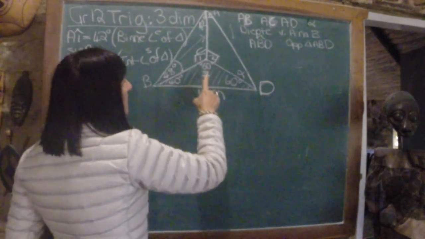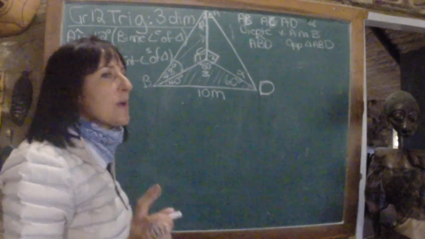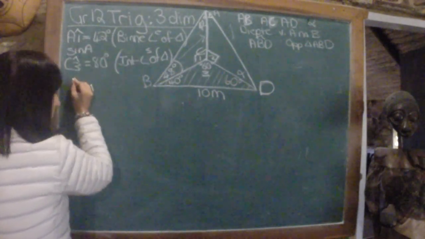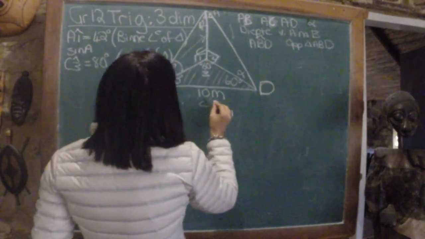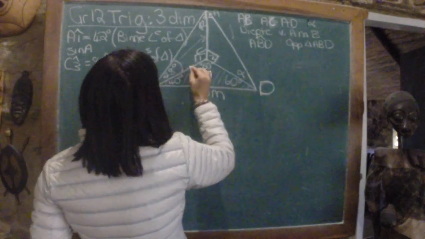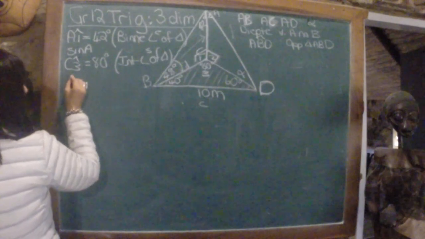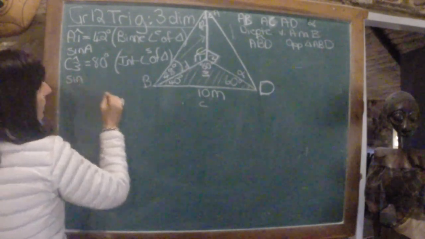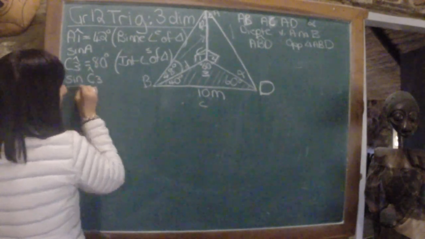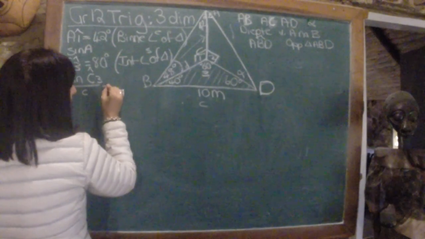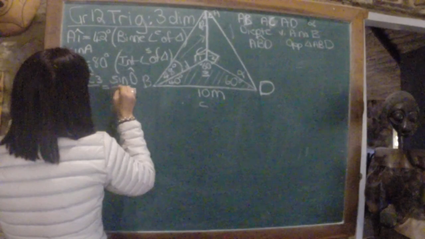As ons twee hoeke in een sy het, en ek het nog 'n sy nodig, then you must know I'm going to use the sine rule. So I've got small c, and I need small d. Okay, so what I can do is I can have the sine of C3 on small c equals the sine of D on small d.